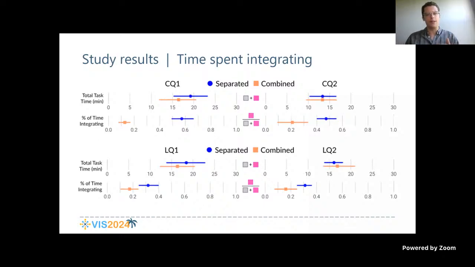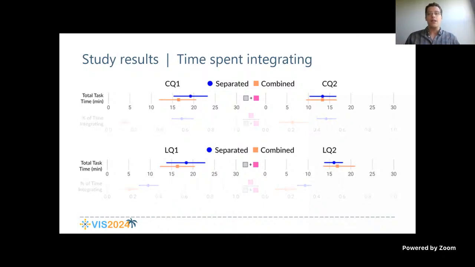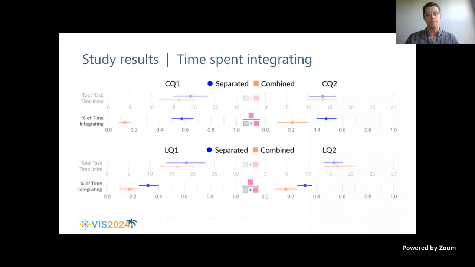We then computed bootstrapped confidence intervals of the total task time and percentage of time spent integrating between the interfaces. So by comparing these times with the time spent integrating, a surprising pattern emerged. See, interface and task type did not significantly affect total task time, but those with the combined interface were spending much less time integrating data and more time encoding and visualizing it.